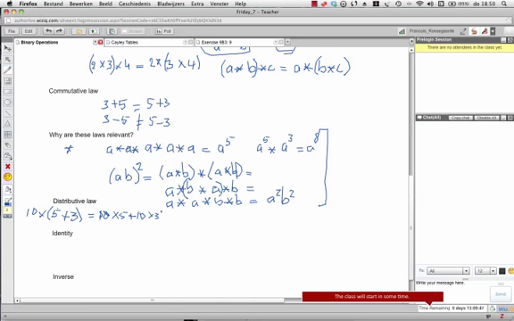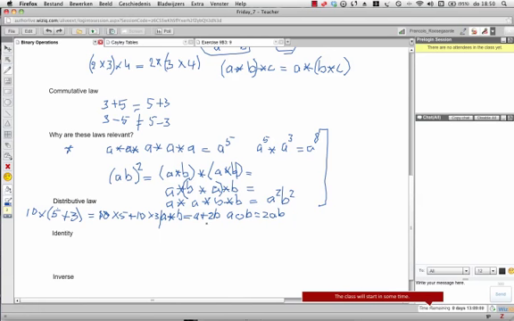Now to apply this generally, if I have a star operation like A star B equals A plus 2B, and a circle operation A circle B equals 2AB, then let's have a look if this operation obeys the distributive law.